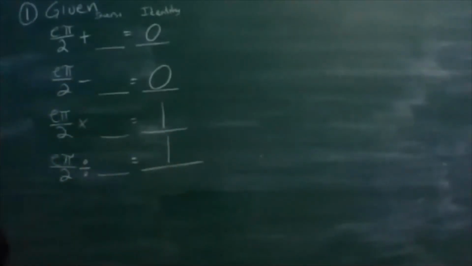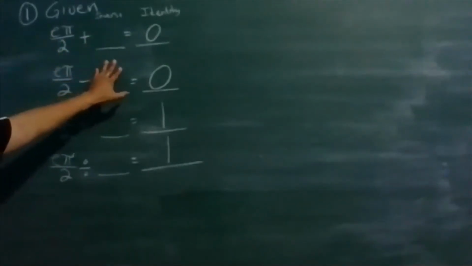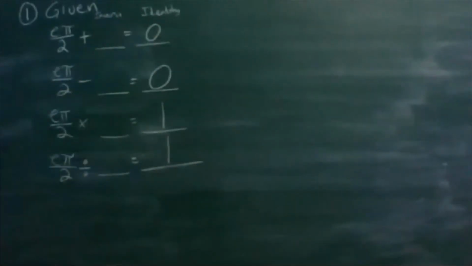So, e pi over 2 plus what value will give me 0? What is the inverse that will give me 0? 0? No, because if I have e pi over 2 plus 0, I'm going to get e pi over 2.